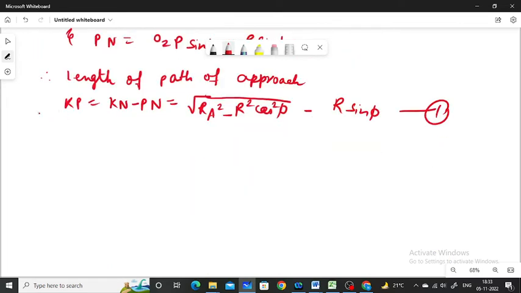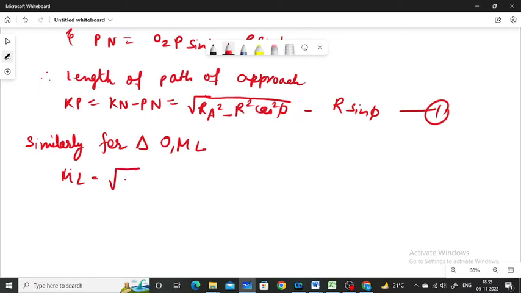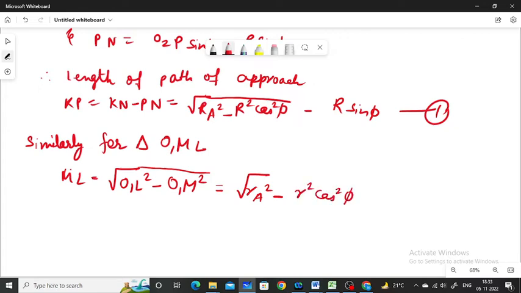Now similarly for right angle triangle O1ML, ML equals under root of O1L square minus O1M square, equal to under root of ra square minus r square cos square phi, and MP equal to O1P sin phi, that is r sin phi.